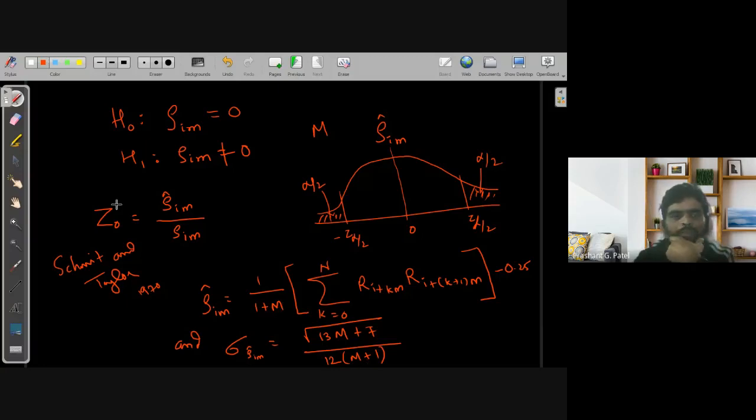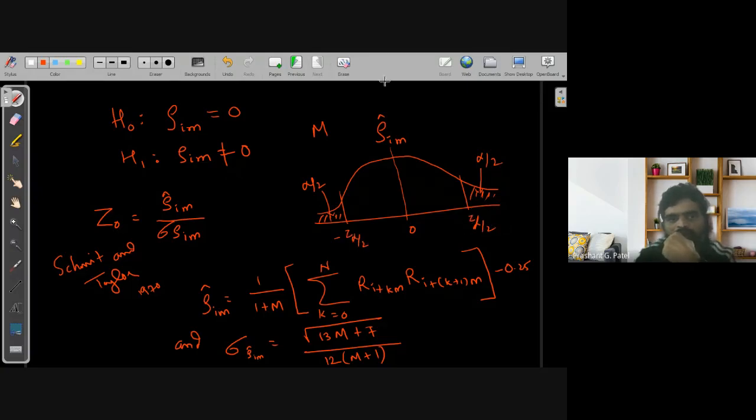Then after computing this, we are able to compute this z0. This is rho over sigma. So we'll compute this z0, and if we do not reject the null hypothesis, that means your z0 lies between these two values, minus z alpha by 2 to z alpha by 2.